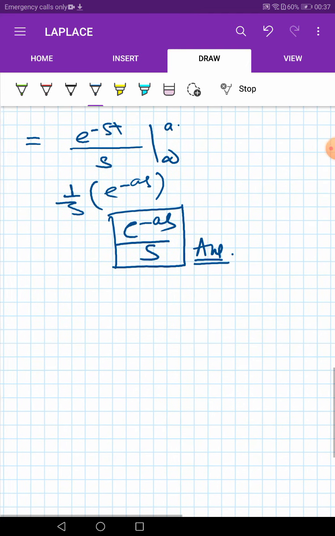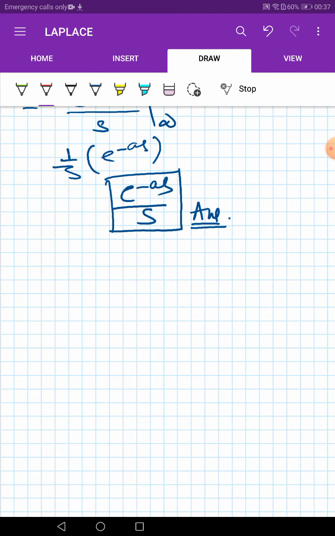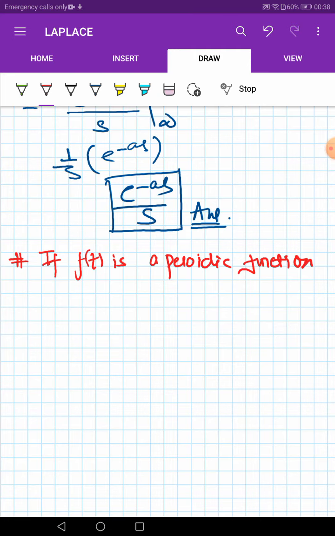Okay, now there is one more concept. If your f of t is a periodic function, what is a periodic function? Which repeats its value after a certain period.